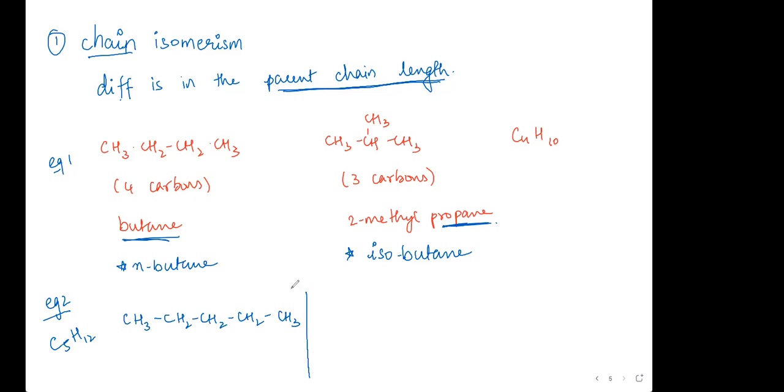Then the second isomer, take 1 carbon atom, put it somewhere in the middle of the chain. And another one, take another one and put it in the middle of the chain. So this is what you get. Okay. Can you get any more isomers from pentane?